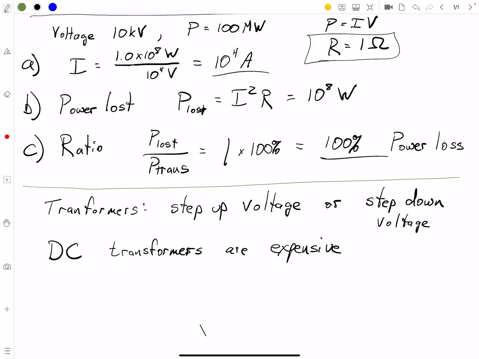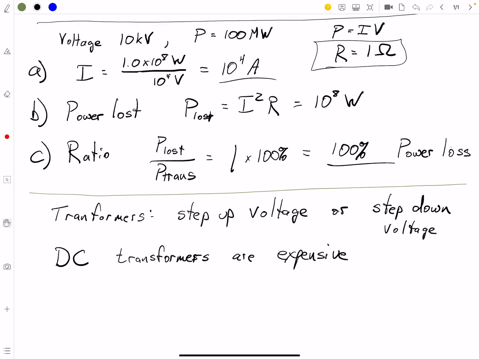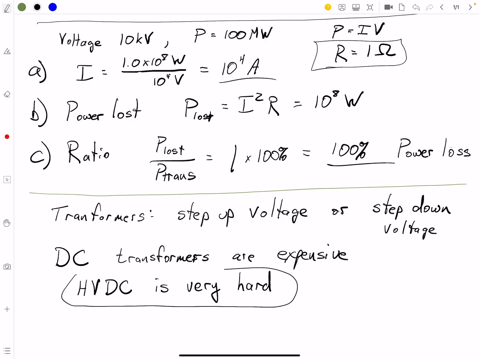I mean, it's so unwieldy that it's terrible. Okay, so DC, in order to get high voltage DC, is very hard. There's another way you could do it. No. Now, this is just very difficult. Okay, so it doesn't happen.